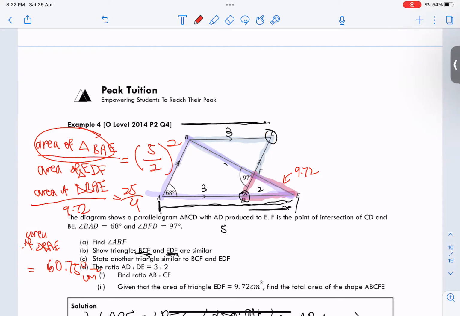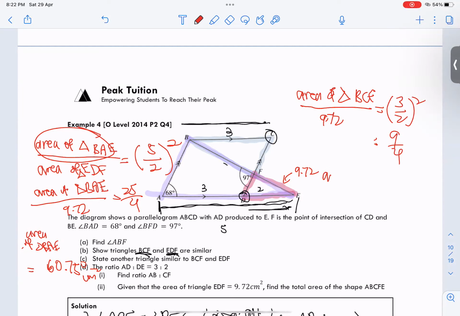Then after that, the other area, this one also the same thing. Can write more straightforward. Area of triangle ECF over 9.72 equals 3/2 squared, which is 9/4. So area of ECF equals 21.87.